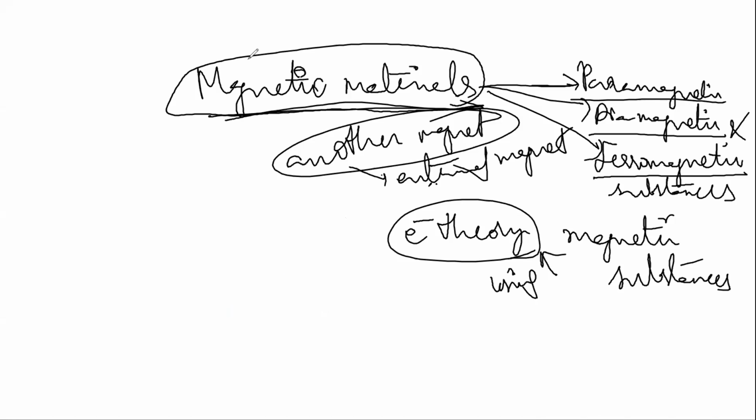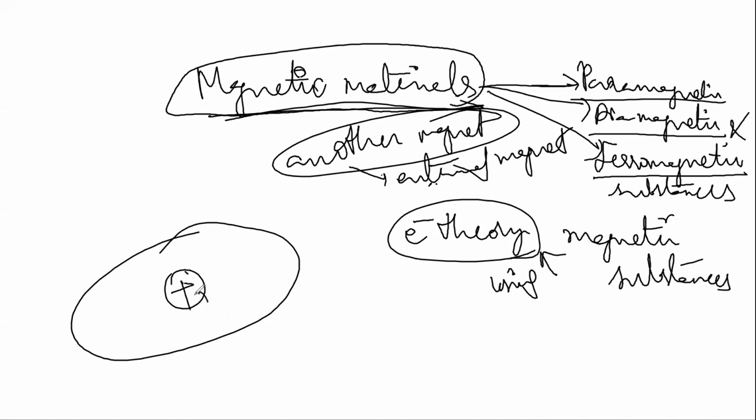In elliptical orbits. Then I'll draw that. I have a nucleus here. It is positively charged, as I told you, because it consists of protons, which are positively charged, and neutrons, which are neutral. Now I have electrons revolving around this nucleus.